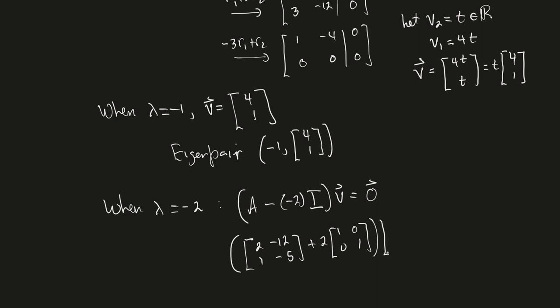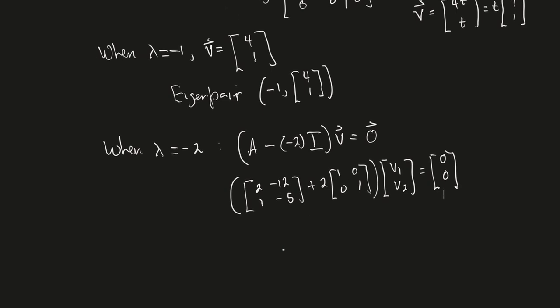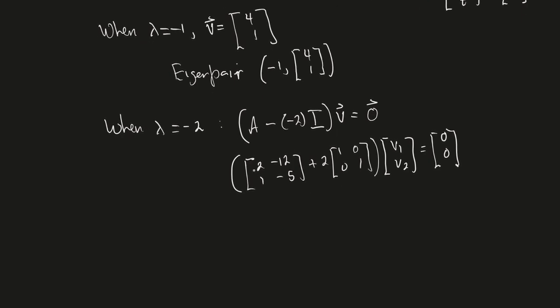Again, let me switch it over and write this first in the matrix form. So now v1, v2. We're looking again for another vector that will work, and then we have the column of zeros there. Simplify the coefficient matrix. Let's see what we have. So 2 plus 2, that's 4, and negative 12 plus 0, that's negative 12.